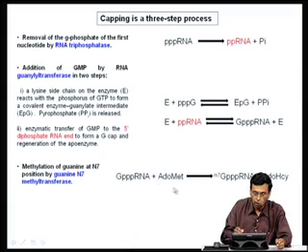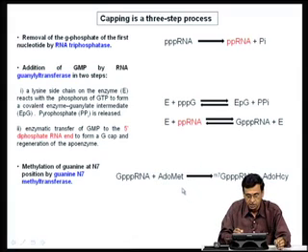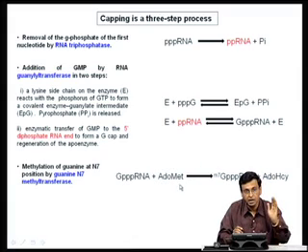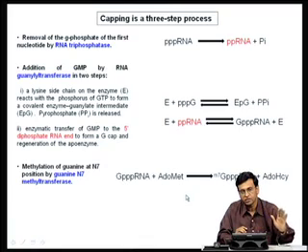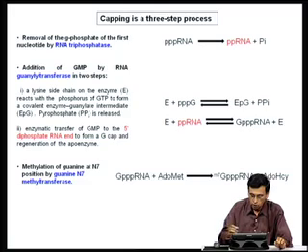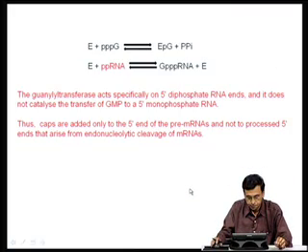Remember, in almost all the methylation reactions in biological systems, S-adenosyl methionine acts as a methyl donor, and it plays a very important role in a number of methylation reactions. So, this is how a mRNA cap is formed in the eukaryotic messengers.